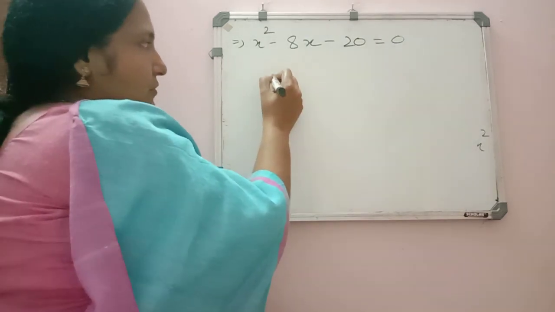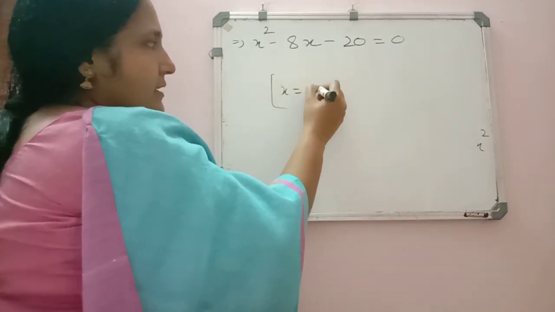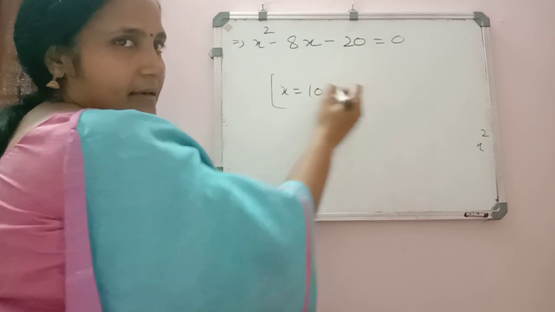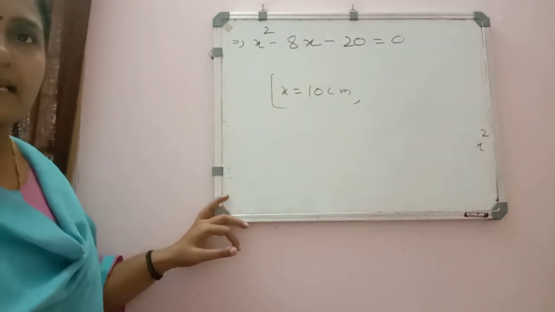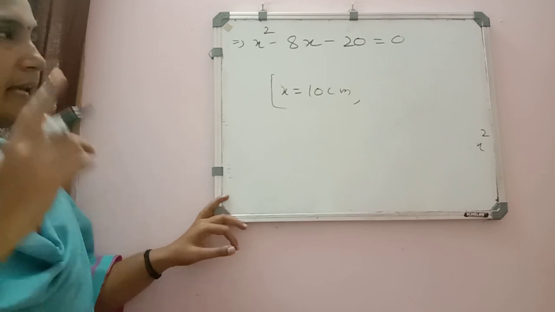When you solve, you will get the value of x equal to 10 centimeter. X equal to 10 centimeter means the shortest side is 10 centimeter.